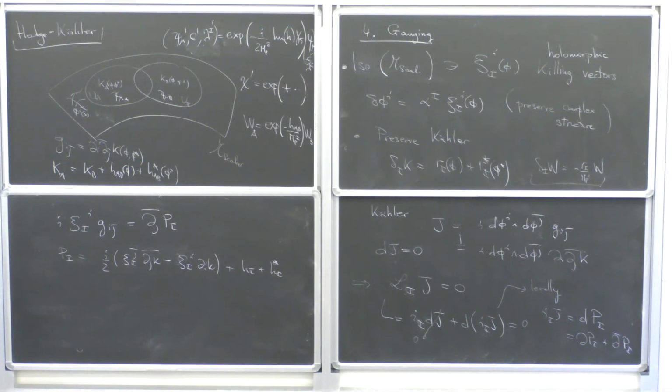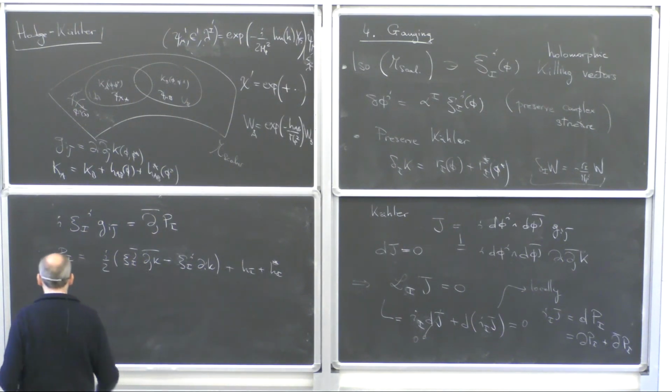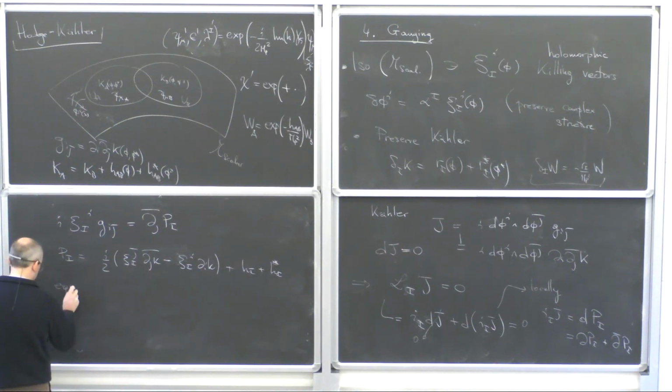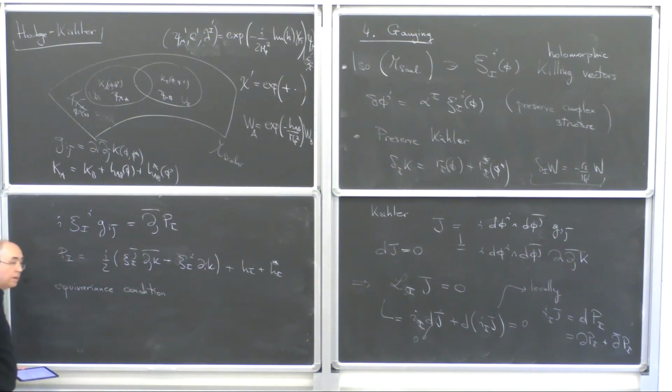However, gauge invariance tells you that these prepotentials are constrained. In particular, there is a condition which is called the equivariance condition, which is nothing but requiring gauge invariance, essentially.